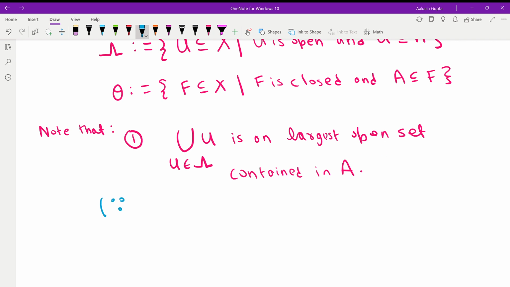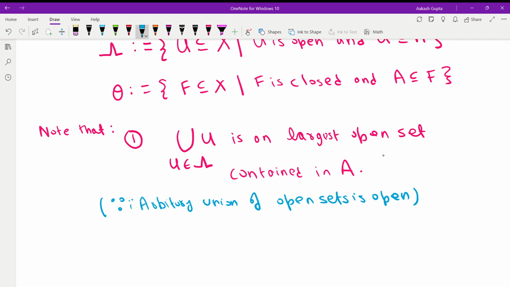So, guys, this is possible because an arbitrary union of open sets is open, right?